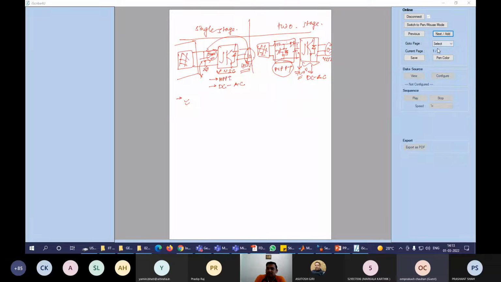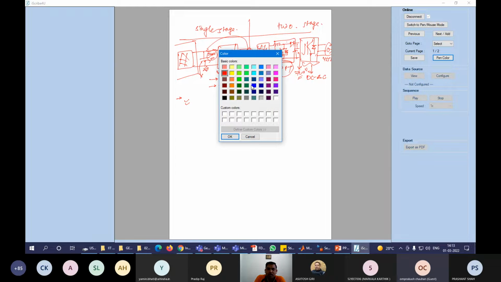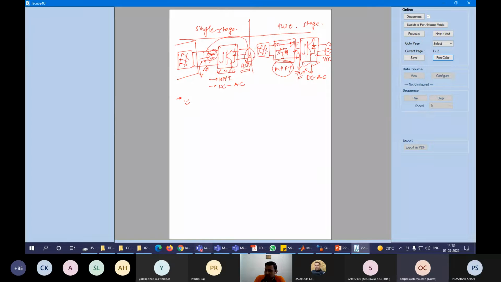So what will happen? Whatever modules you have put in the picture, the number of modules, series and parallel modules. Series will increase the voltage rating, parallel modules will increase the current rating of that particular PV array. So as you increase the series rating, we are having open circuit voltage and another is the MPP voltage.